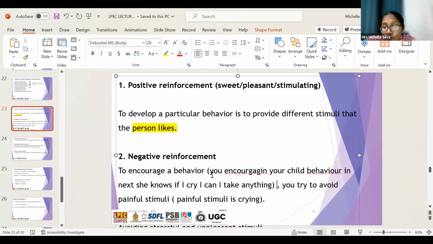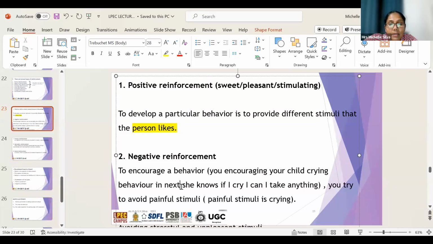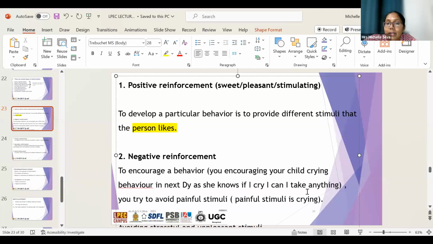So negative reinforcement is not good, because you are encouraging your child's crying behavior the next day, as she knows if I cry, I can take anything.